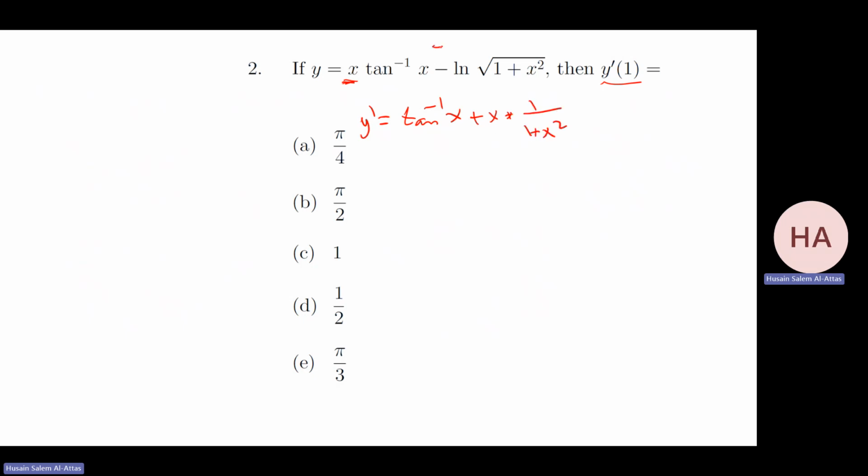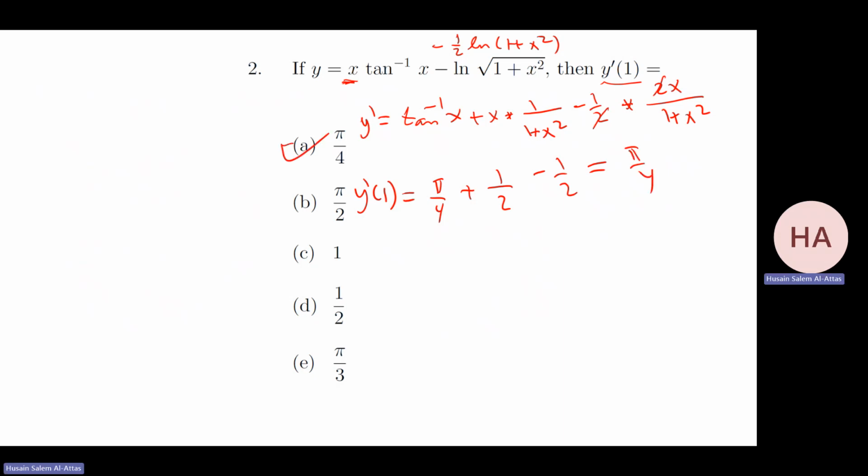By the way, this one I can simplify as half then 1 plus x squared, so that will be minus half times 2x over 1 plus x squared. Y prime at 1 will be what? Pi over 4. Here I have plus 1 over 2, cancel this with minus 1 over 2. So it will be pi over 4, which is this one.